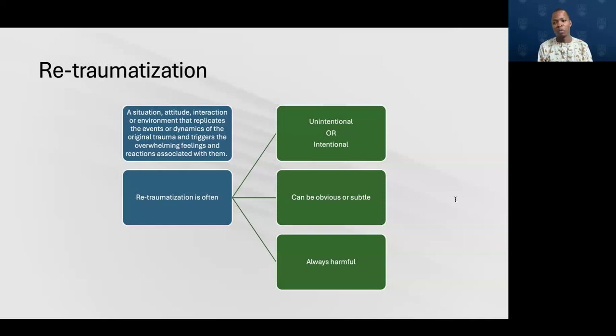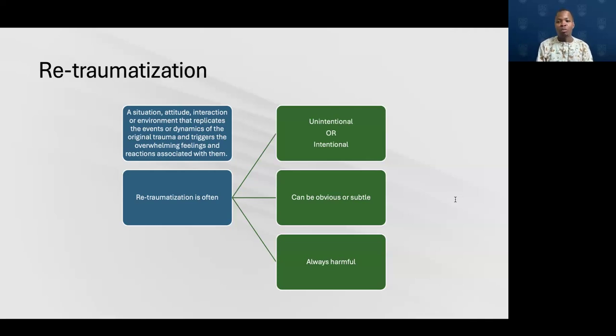And this is where the focus is when we talk of technology-mediated trauma. So in actual sense, it is not about technology causing trauma. It is about technology re-traumatizing people and perpetuating the societal practices that tend to cause trauma.